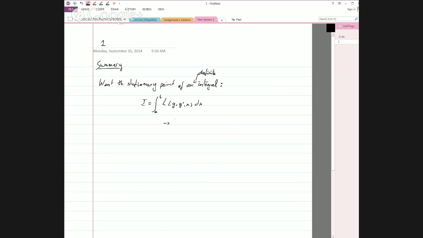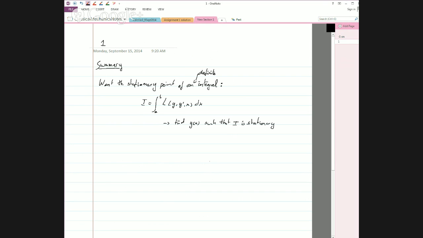And the goal was to find y of x such that I is stationary.